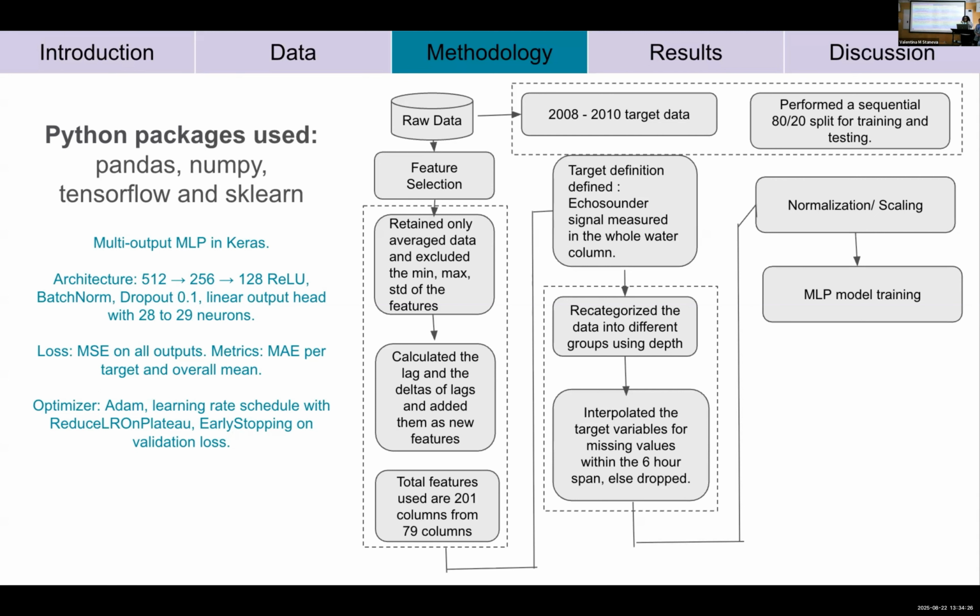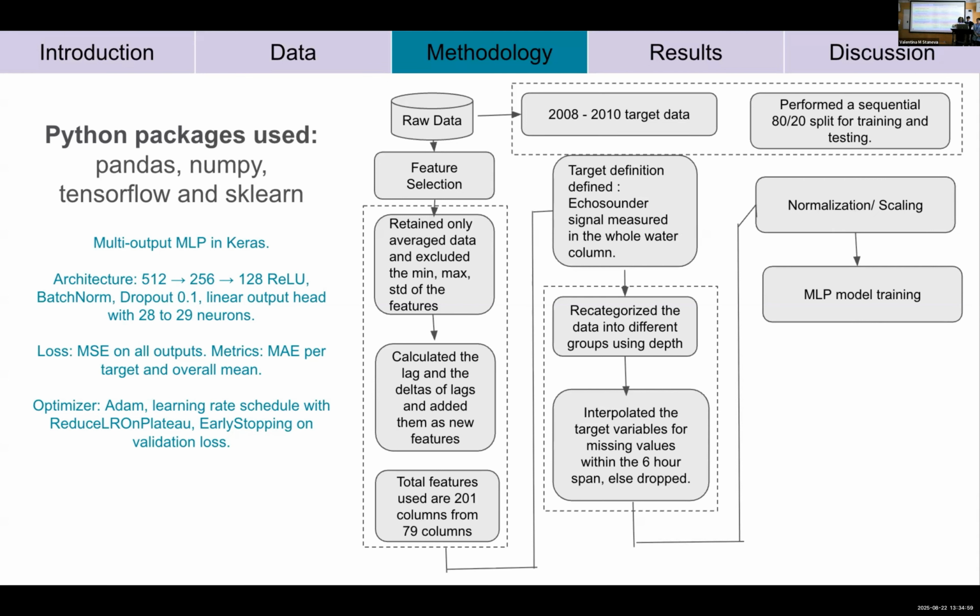In order to have more information to train our model, we had to feature engineer our data to some extent, where we introduced lags to our target data set as well as the feature data set. We also introduced deltas of the lags. In total, we went from 79 columns to about 200 columns in our feature data set, and from 88 columns to 29 columns in our target data set.